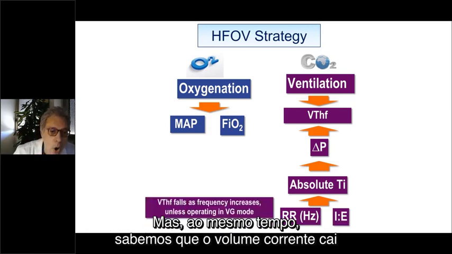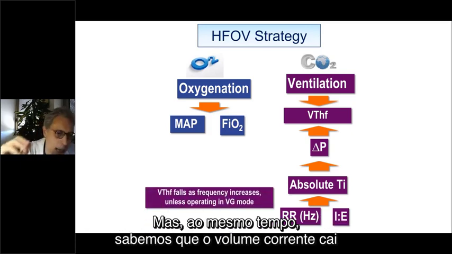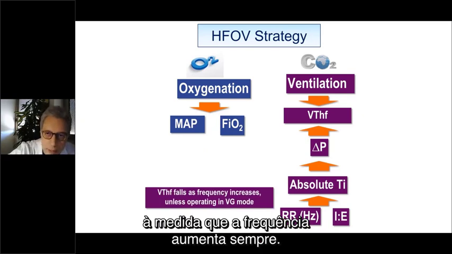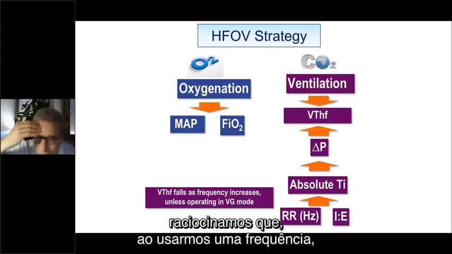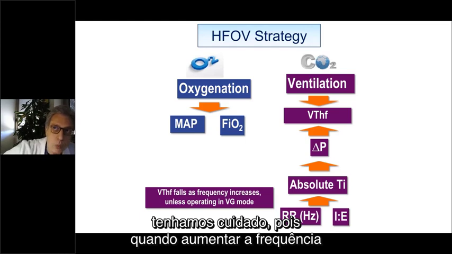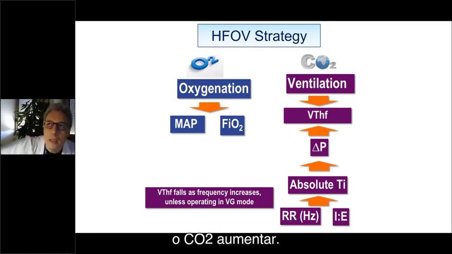because we have to reason when we modify the setting parameters. But at the same time, we know that tidal volume falls as frequency increases. And this is why in the past we reasoned that when we increase the frequency, the CO2 will increase. Why?